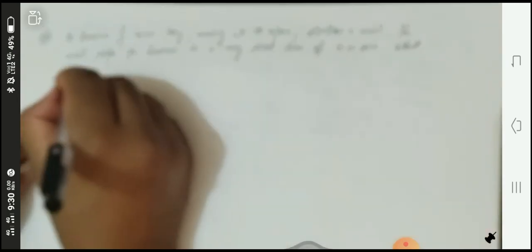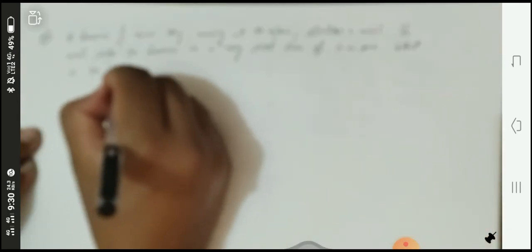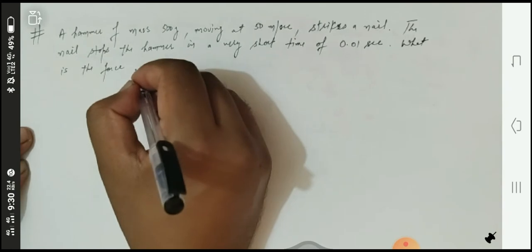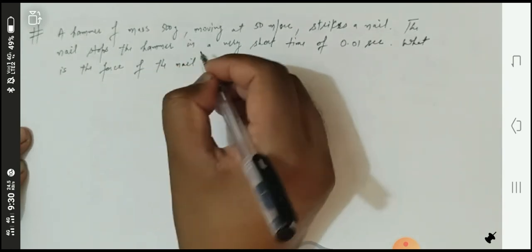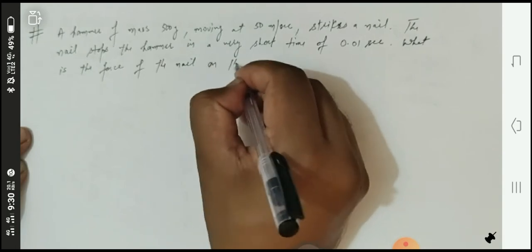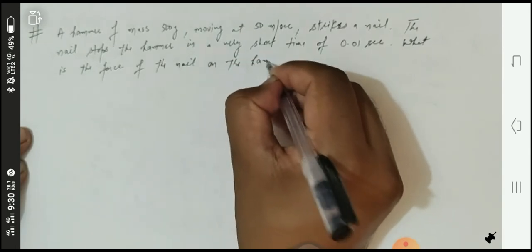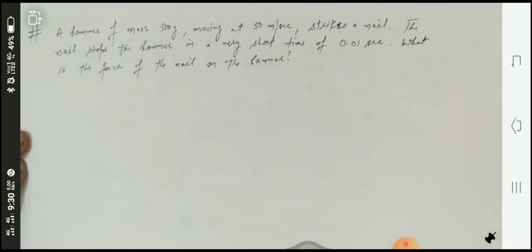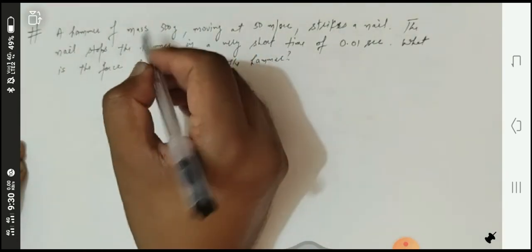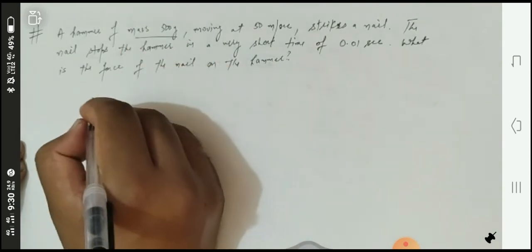What is the force of the nail on the hammer? Solve it. Fine.